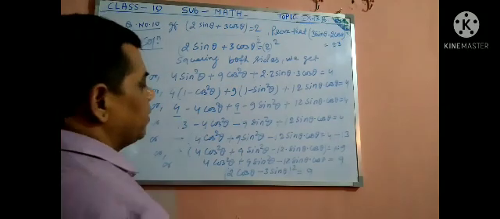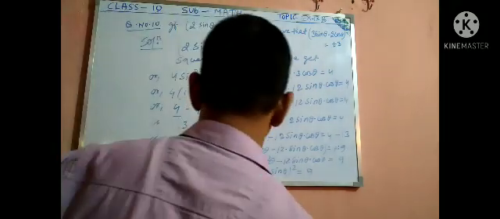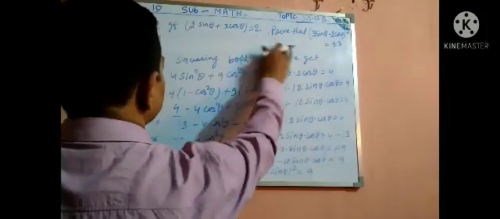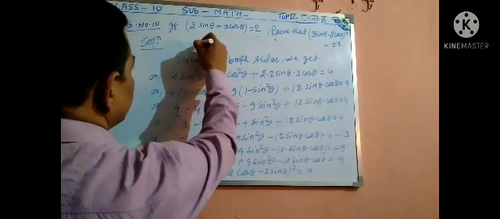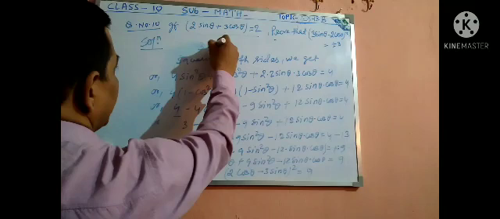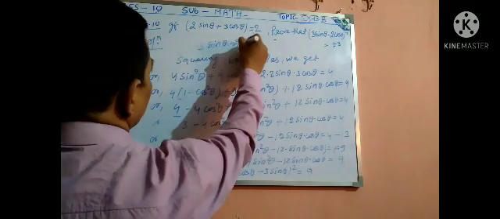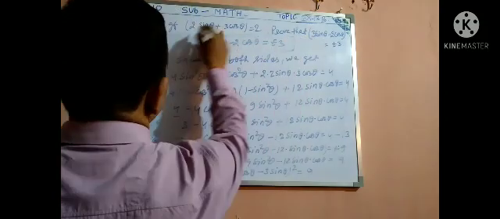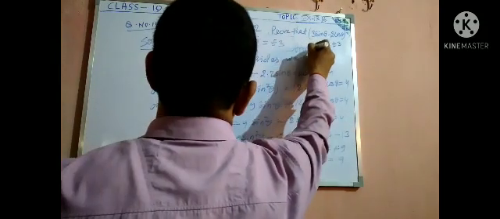So this value, we find that 3 sin theta minus 2 cos theta is equal to plus minus 3. That is proved.